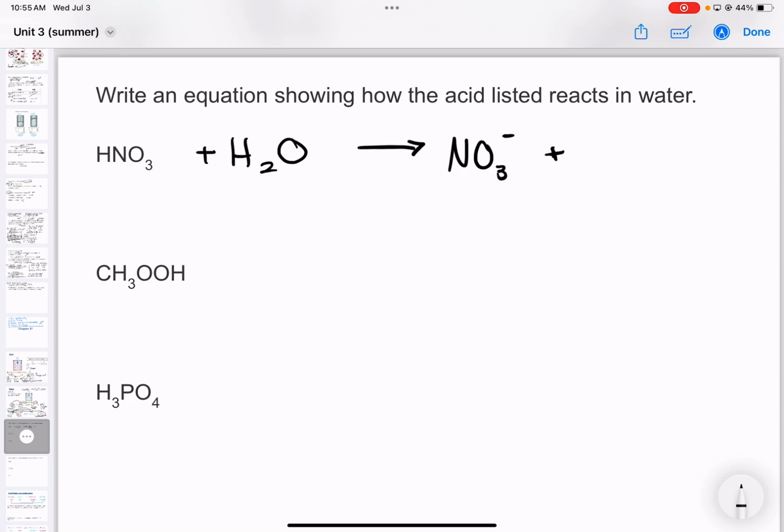Now, technically, all the other ones are aqueous other than the water. I'm lazy and haven't been writing those. All right, so there's the first one, just to give you an example. I'll let you guys finish up the other two.